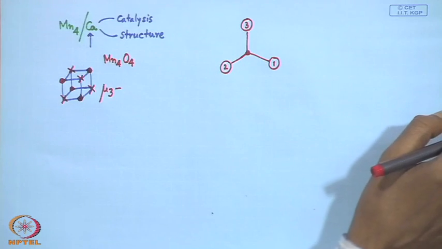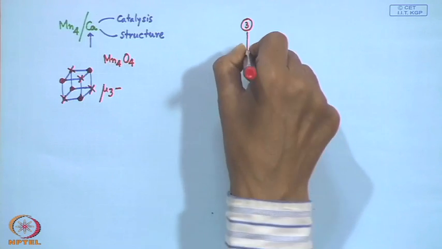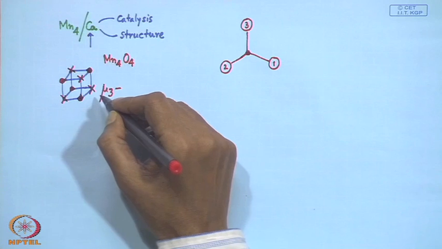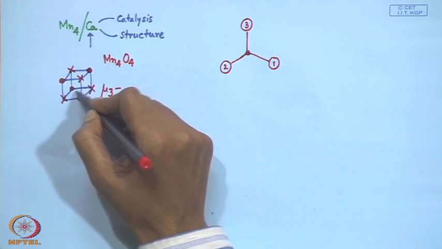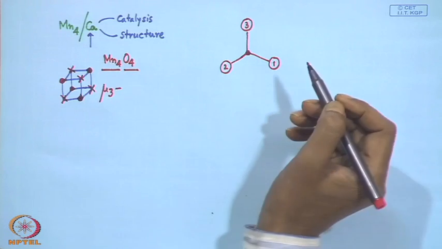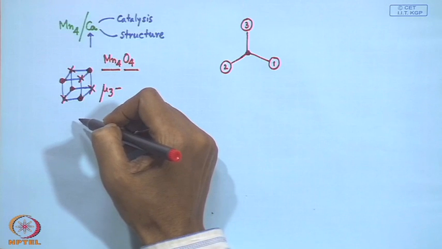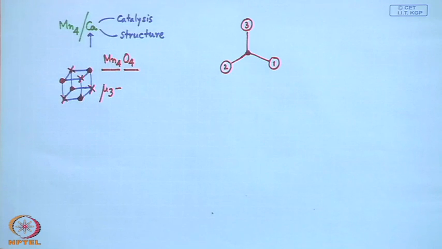That is sometimes very difficult to identify. So, this mu3 group can be your hydroxide function or your oxide function. If you have 4 manganese centers and 4 oxo centers, you get the regular cube structure. That means all the 8 corners of the cube are occupied.